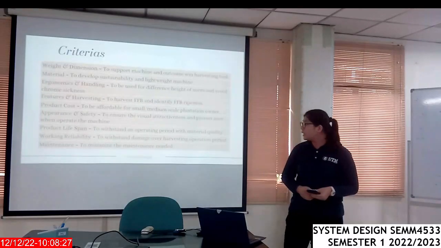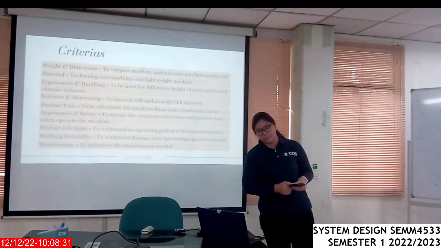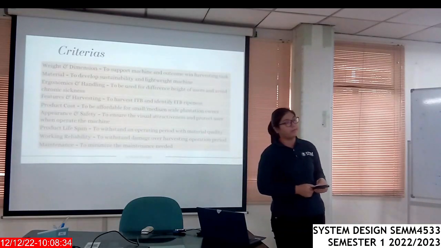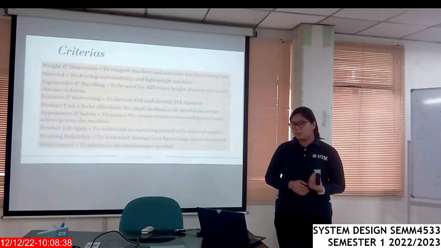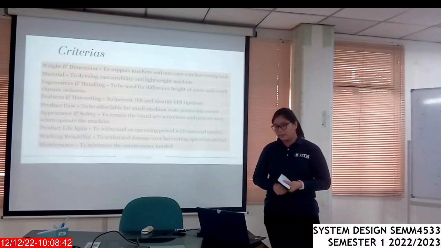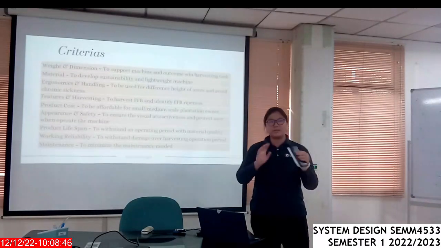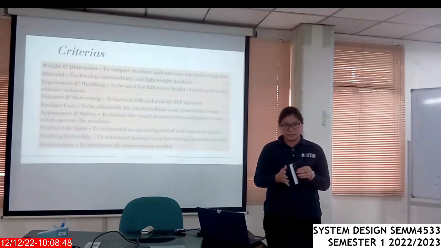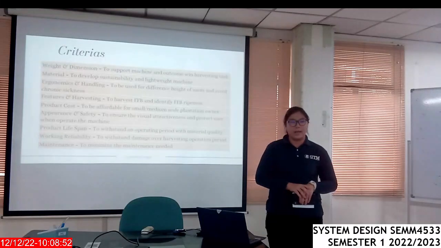And about the picking and harvesting, it must be able to harvest FFB and identify the FFB ripeness. And the product cost should be affordable for small and medium scale plantation owners, such as those in Malaysia, like in Felda or in the outskirts.